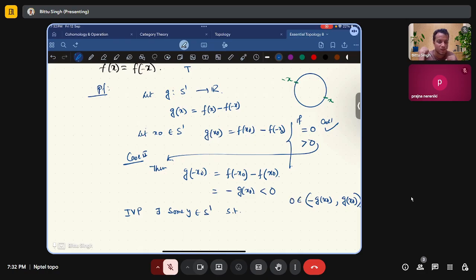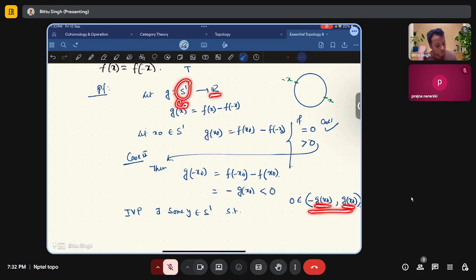IVP says from a connected topological space X to R, whatever continuous function we choose, it attains every value between some g(x1) and g(x2). Since g is a continuous function, g attains every value between two points from its image. This is the IVP.